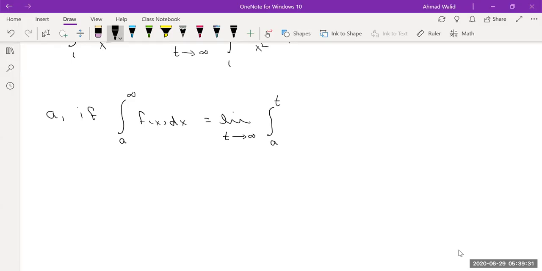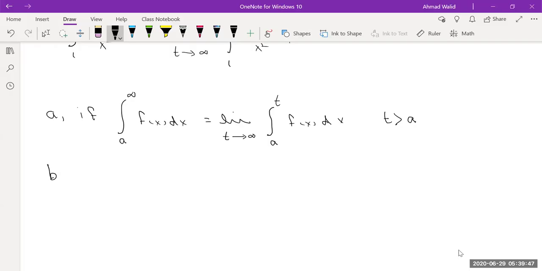To infinity, f of x dx. Of course, here t should be greater than the lower limit, right?